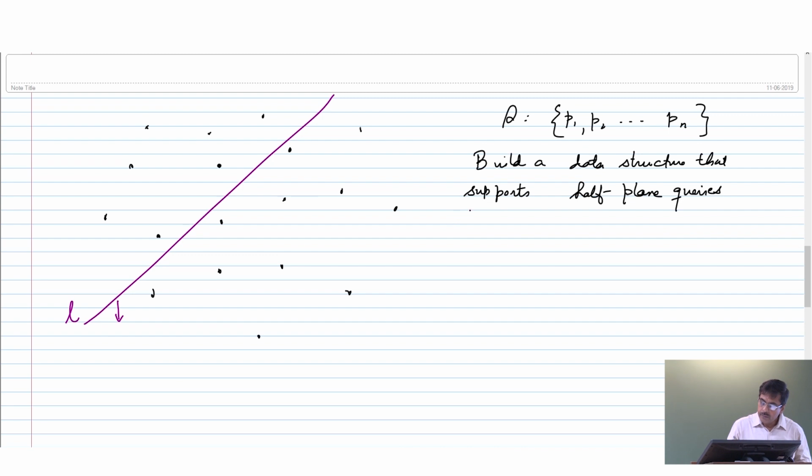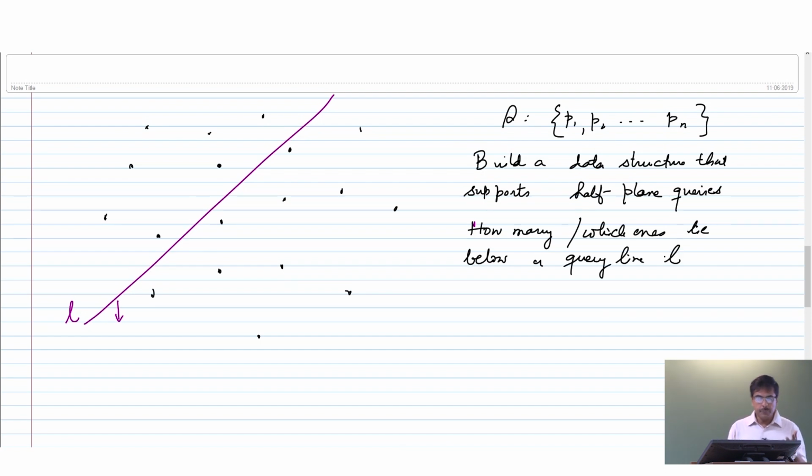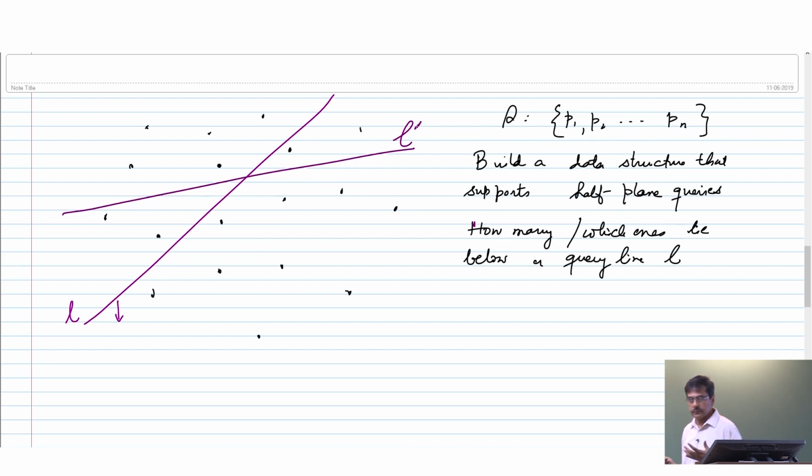So, it could be either how many or which points lie below a query line. Okay. And it need not be this query, it can be any query, right. So, this is just one of the possible queries. How about L prime? Clearly L prime and L will have different answers.